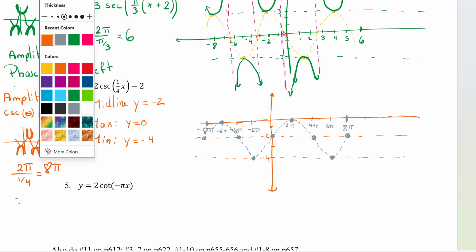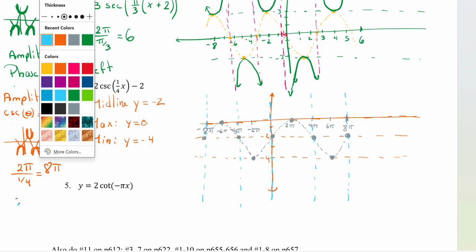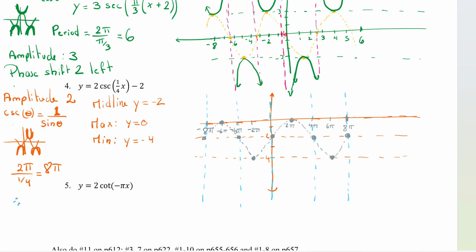Oh, let's do the asymptotes as well. The asymptotes are wherever my sine is going to be 0, so that will be right there at -8 pi. It will be at -4 pi, at 0, at 4 pi, 8 pi, etc., etc. And so the graph would look like that.